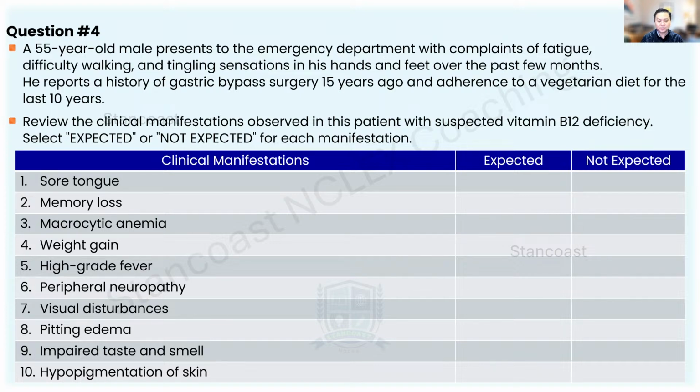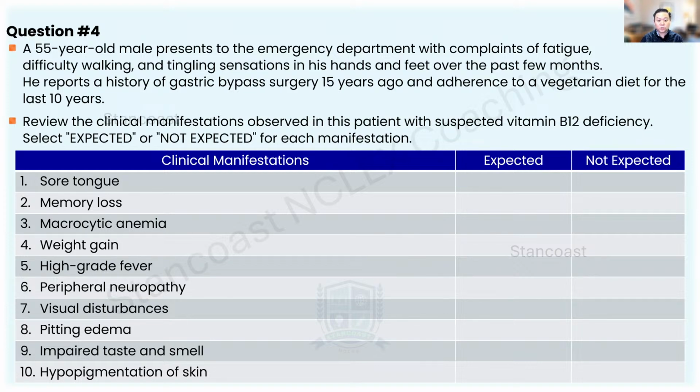Now, your task here is to review the clinical manifestations observed in this patient with suspected vitamin B12 deficiency. So I want you here to select expected or not expected for each manifestation. So here are the following clinical features.